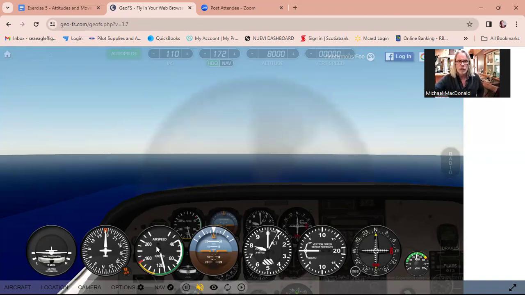That gives us a constant airspeed because we're not going uphill or downhill. It'll also give us a constant heading on the heading indicator because we're not turning. It'll give us a constant altitude because we're not climbing or descending, and that's reflected at the 0 vertical speed. Straight and level is 90% of your flying, going from A to B, other than the turns, climbs, and descents.